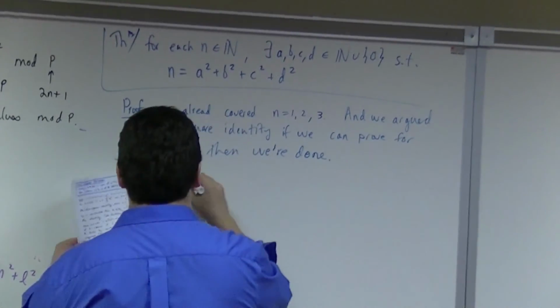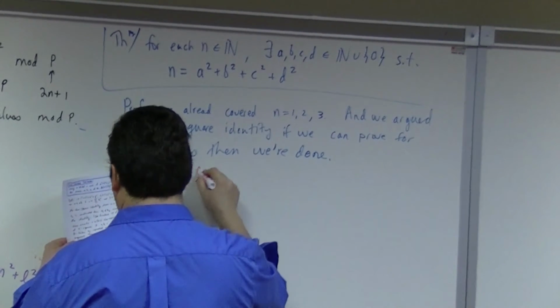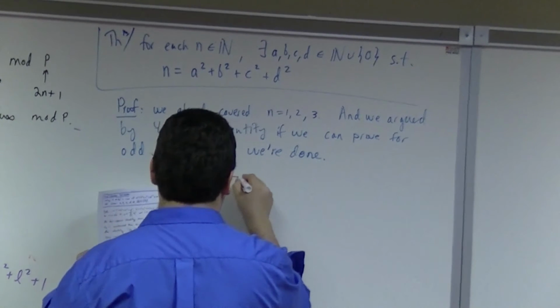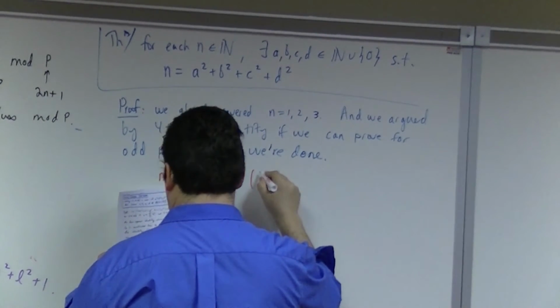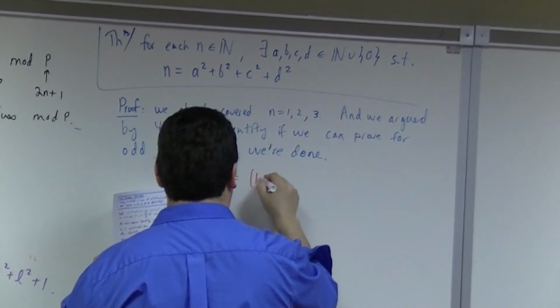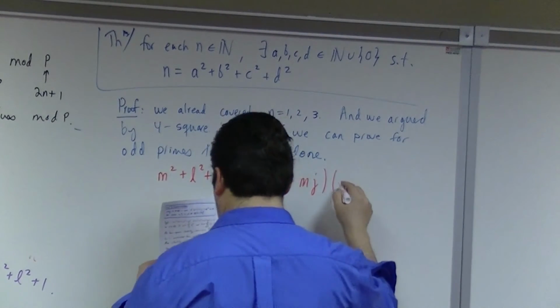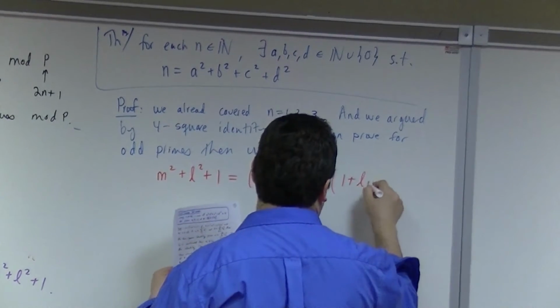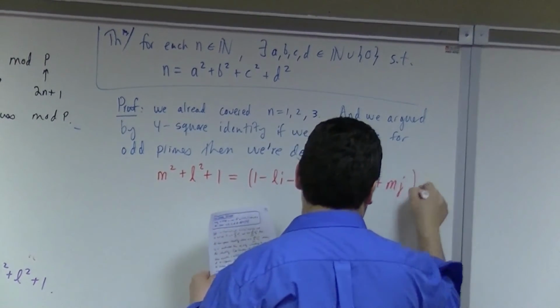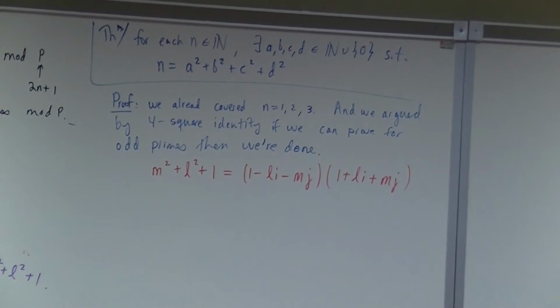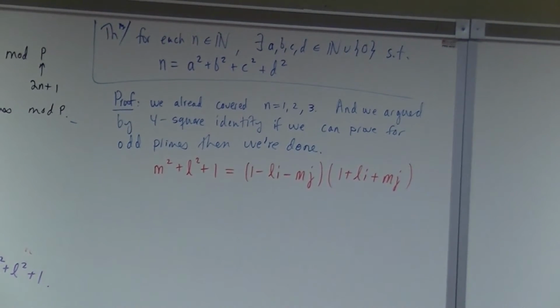Focus, focus. So consider m squared plus l squared plus 1. That can be rewritten as what? Check it out. This is the same as 1 minus li minus mj, and 1 plus li plus mj. That's just algebra.